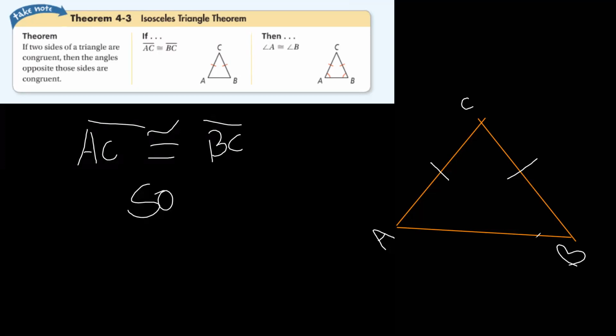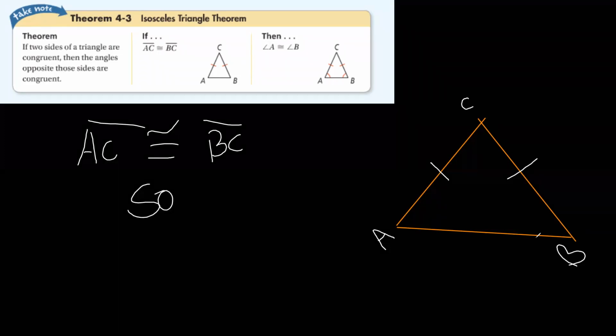okay, this side, let's color it with pink. For this side, this will be its opposite angle. The side BC has an opposite angle that I colored with pink. And the side AC has an opposite angle, we color it with orange.